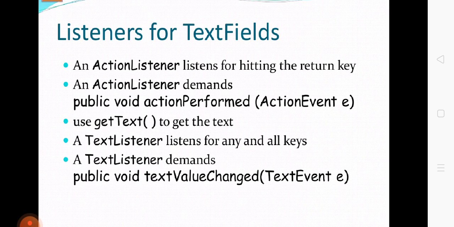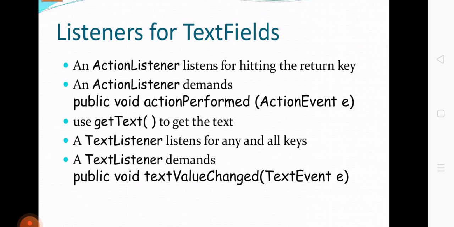This is another example, listeners for a text field. Look at this text carefully and see what will happen. In a text field we write some text. We know that every text field will have some text.